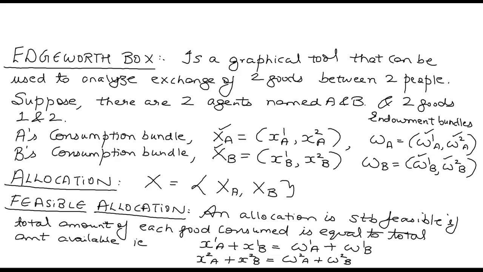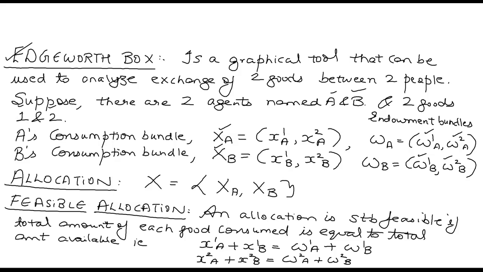We have started with the general equilibrium analysis today, and we are studying the concept of exchange, and to understand it, the tool we use is called the Edgeworth box. To understand the Edgeworth box, we need to introduce some vectors. You can see on your screen that there are two agents A and B, two goods 1 and 2.